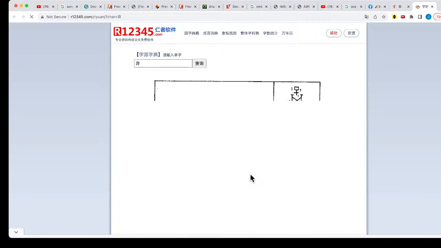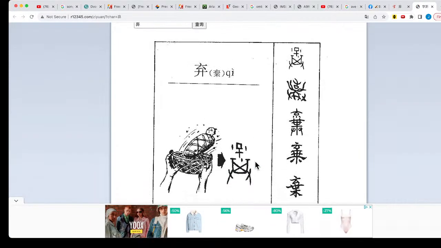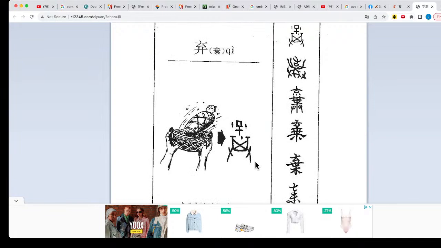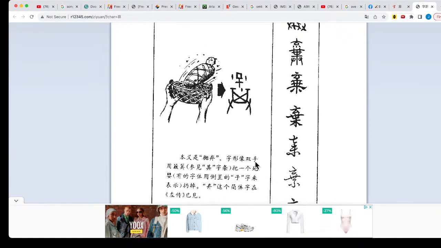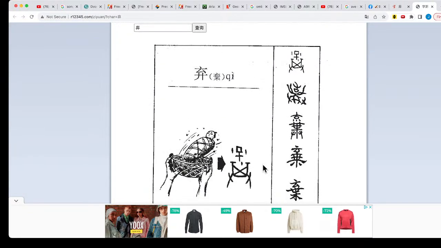Now, when you look at this character itself, that's interesting. So this is what this means. This means throw away dead infants.